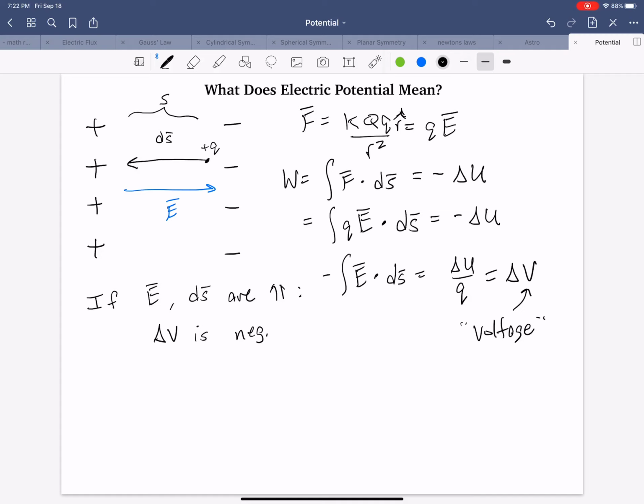Delta U is negative. If E and ds are antiparallel, delta V is positive. Okay? Delta V is positive, meaning you are increasing the electric potential energy. And in the above case, if delta V is negative, you're decreasing the potential energy.